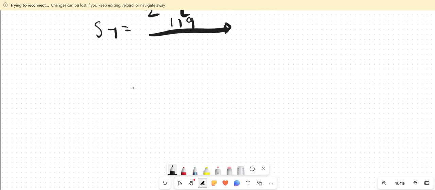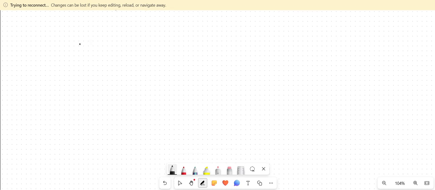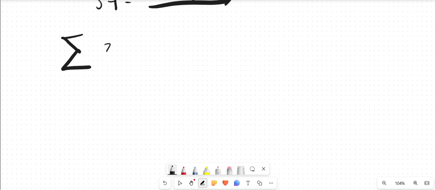Let me take another example. Let's take the sigma notation, the sum of 3 times 2 to the r, where your last point is a 9 and your starting value is a 0. So again, step number 1 is to find the pattern. So 3 times 2 to the power of 0.